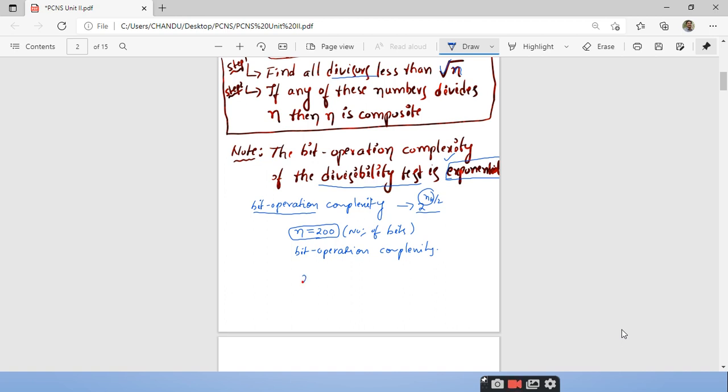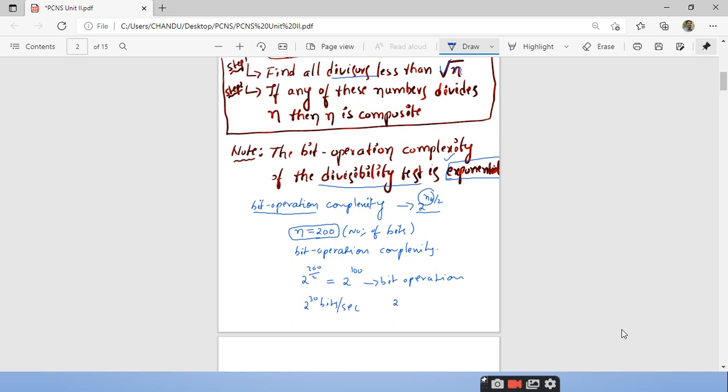So it becomes 200 by 2, which gives 2 power 100. So these many bit operations are required for just 200 bits, right? And assume that the computer is operating at 2 power 30 bits per second.